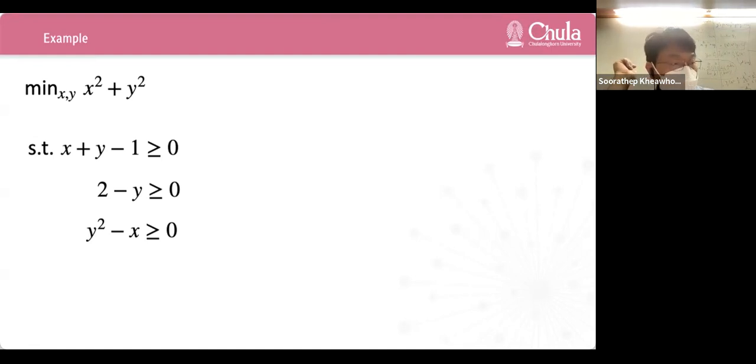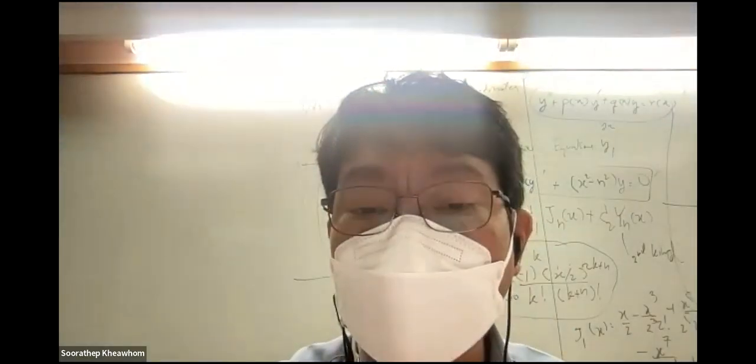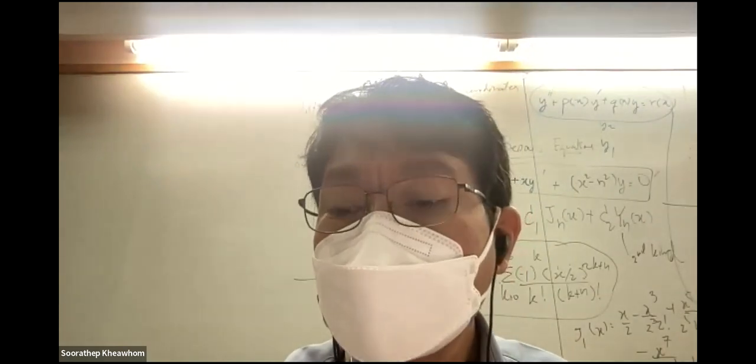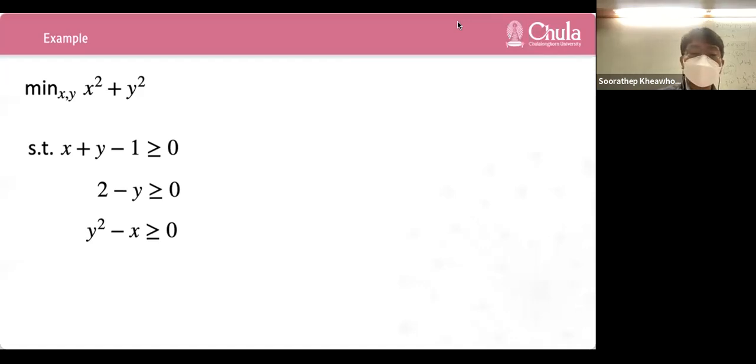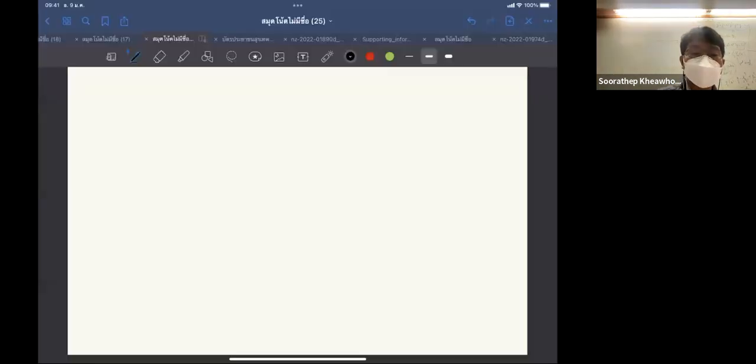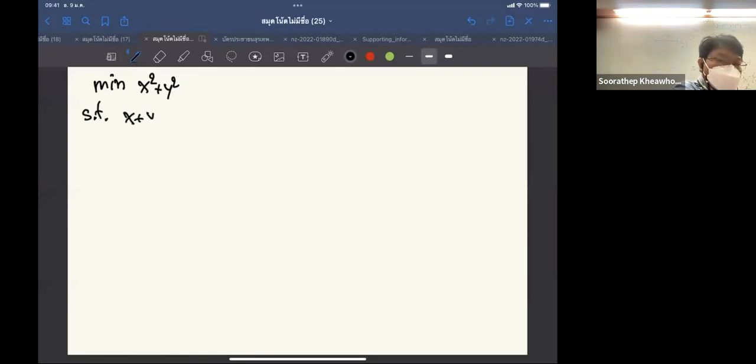So the KKT conditions look like this. I will write them down from this example. You have the function: minimize x squared plus y squared, with the constraint x plus y minus 1 is 0.